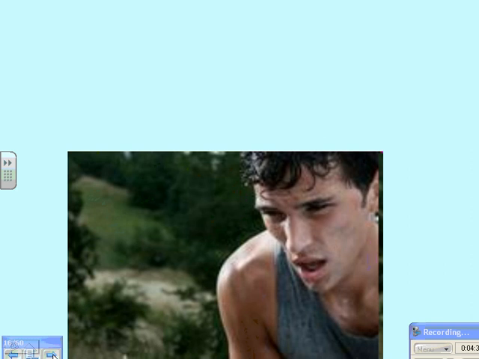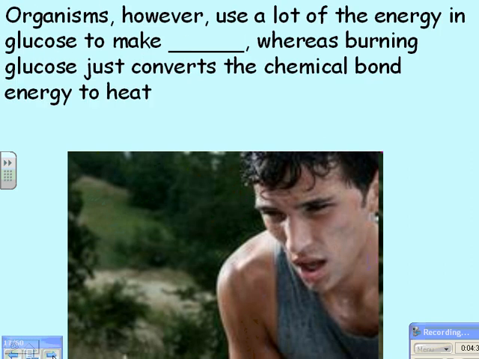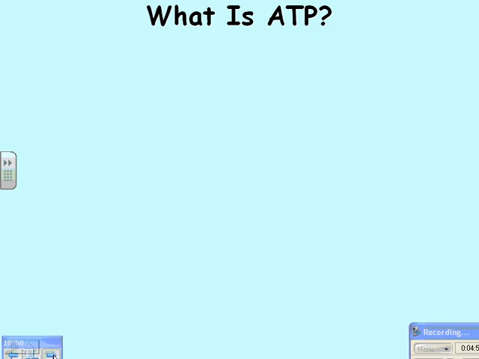But you have one more thing. Organisms, however, use a lot of the energy in glucose to make ATP, whereas burning glucose just converts the chemical bond energy into heat. So this is the important part. We do release heat just like we do if you burn these trees, but the important thing is that we also make ATP, which you can use for running or thinking or whatever it is that you're doing.